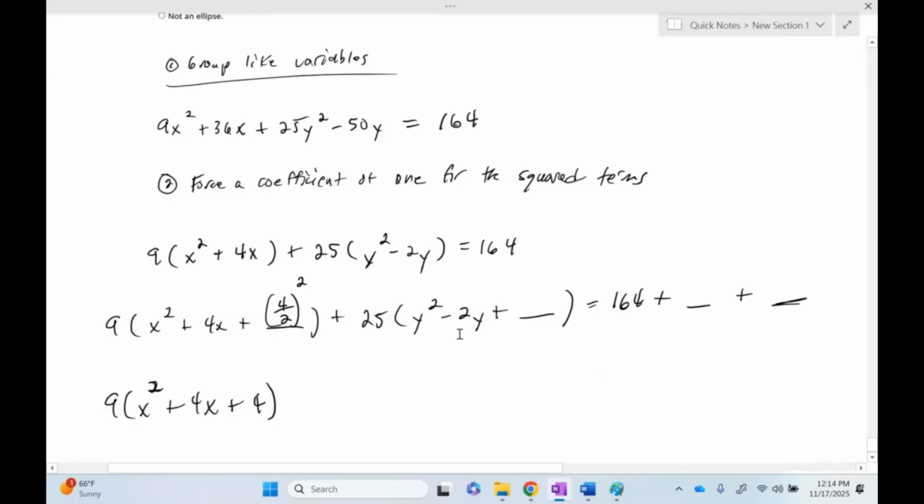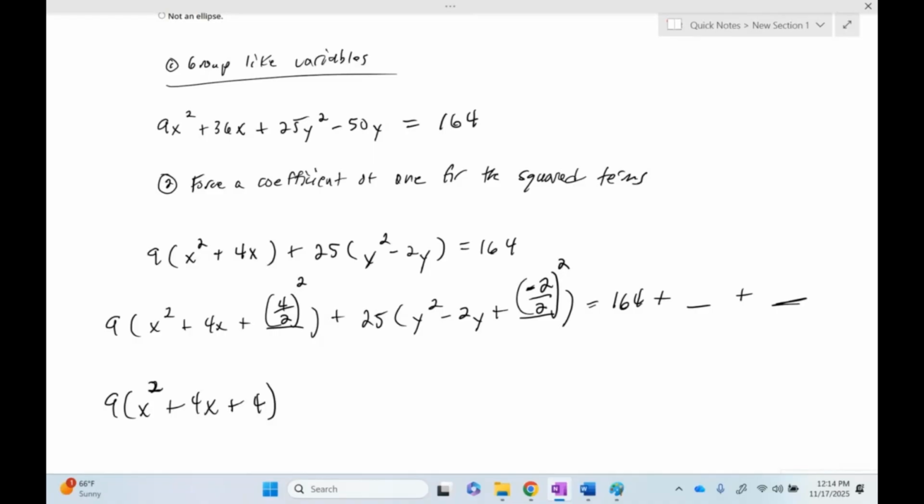I want to complete the square with the y variable. So notice that the coefficient for my y variable is negative 2. So I'm going to take negative 2, cut that in half, and square it.